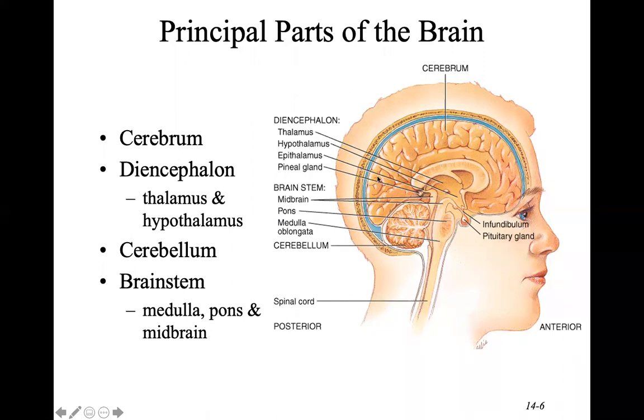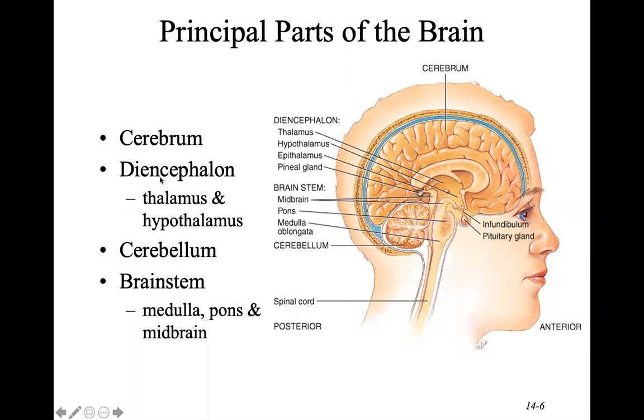So cerebrum, that's your frontal lobe, temporal lobe, parietal lobe, and occipital lobe. Your cerebellum is back here. So there is a right and left cerebral hemisphere, and then there's a right and left cerebellar hemisphere.